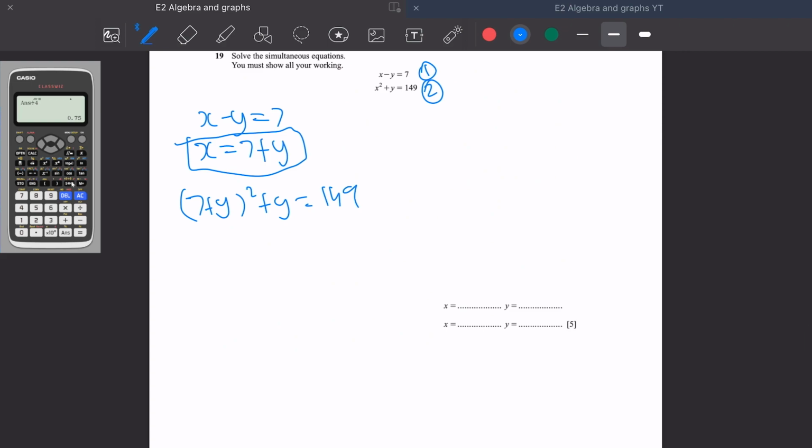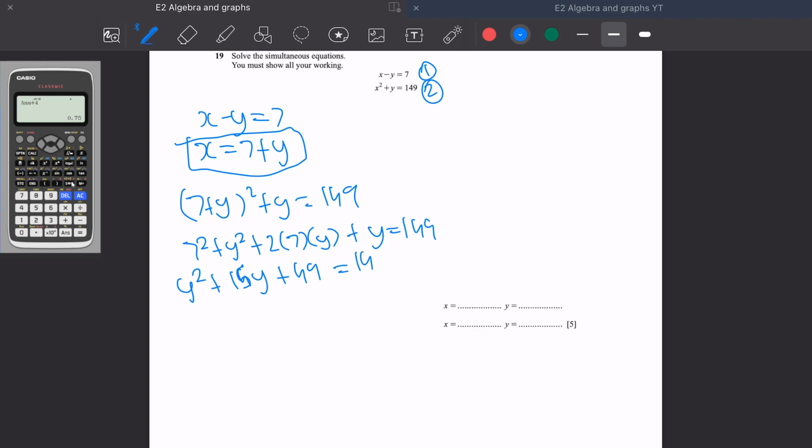This becomes 7 squared plus y squared plus 2 into 7y plus y is equal to 149. This becomes y squared plus 14y plus 49 plus y is equal to 149. This equals y squared plus 15y minus 100 is equal to 0.